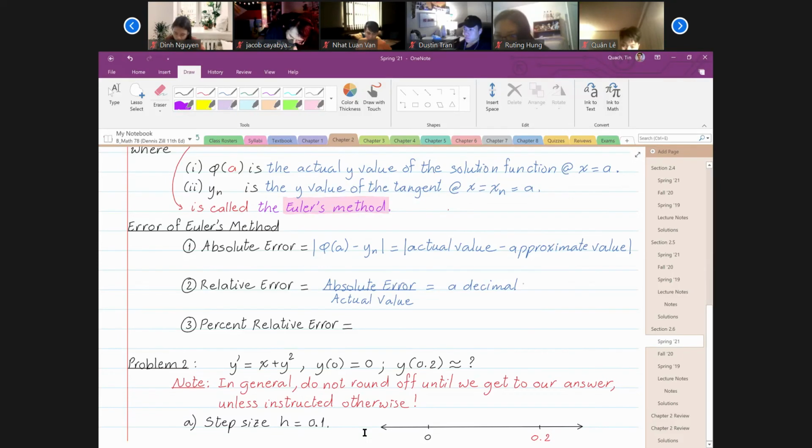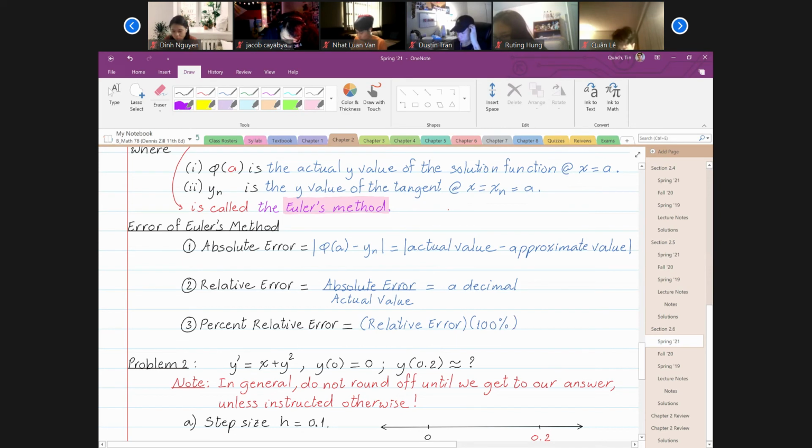So to do that, you can just take the relative error, which is a decimal, and convert it into a percent. In arithmetic, to convert it into a percent, you just multiply it by 100 and then attach a percent symbol to it.